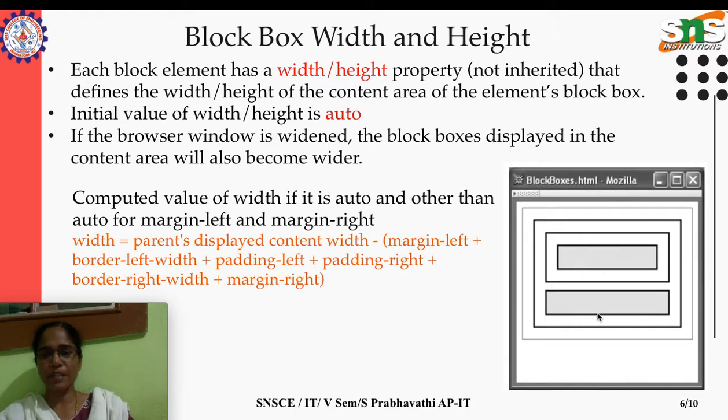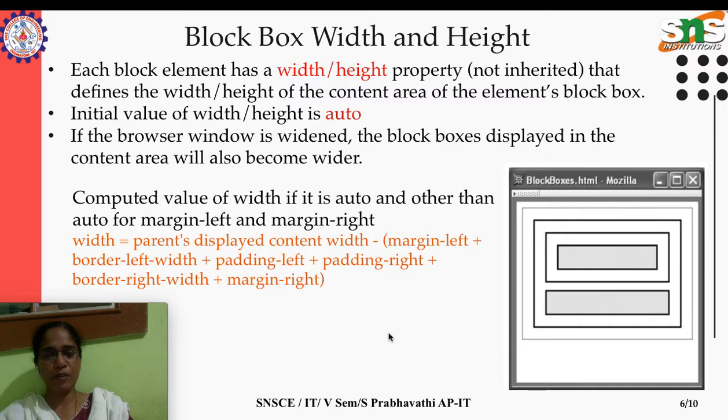When we place the content inside some div elements, based on the size the height and width get adjusted. Suppose we mention the width to be auto, and other than that we have given values for margin left and margin right. So we have given an absolute value for margin left and margin right, then the remaining are automatic, which means the browser will automatically fix the values.